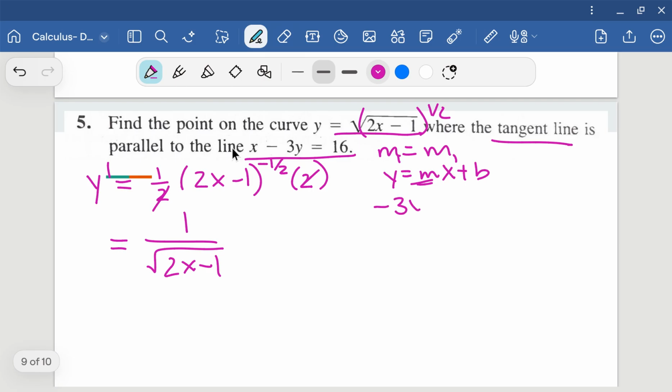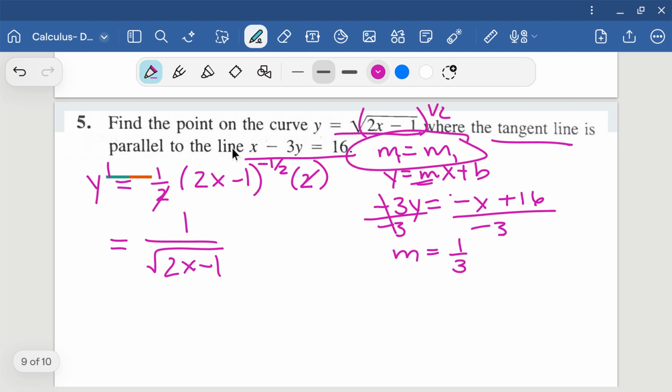So I'll have negative 3y equals negative x plus 16, and then we divide both sides by negative 3. So the number in front of the x would be 1 over 3. So now if our slopes are the same, we can set them equal to each other. So we can take 1 over the root of 2x minus 1 and set that equal to 1 over 3, and then solve for x.